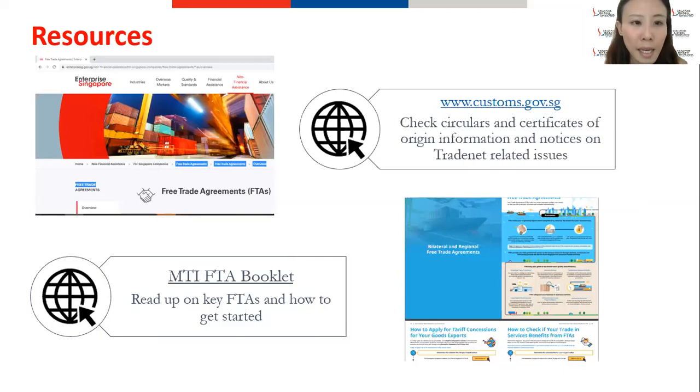The Singapore Customs website, very important, and I strongly recommend you to be familiar with the Customs webpage because there's a wealth of information, such as information on certificate of origin. You can also look into the circulars and notices on TradeNet related issues. MTI has also published an FTA booklet which shows the infographic of some FTAs, which you may wish to read up on and get started on your FTA journey.